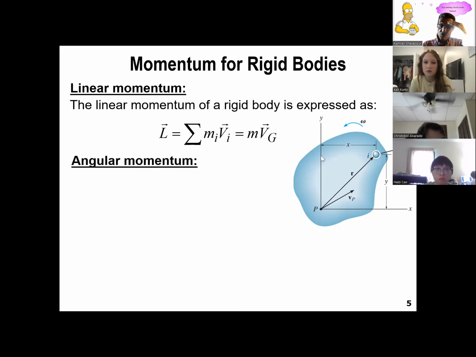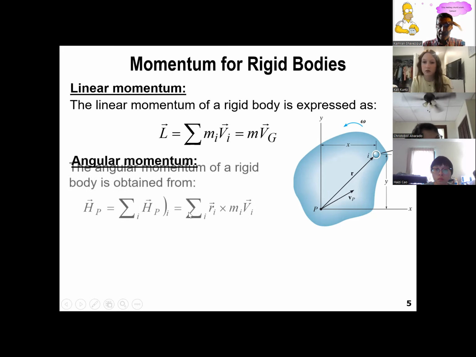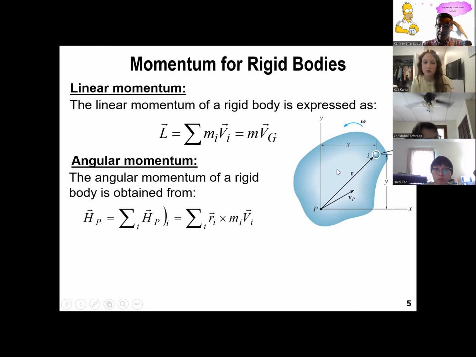For angular momentum, you're going to have to add the angular momentum of each of these, for example mi vi, crossed with this r, and add it together. So all the angular momentum about point P, remember angular momentum has to be about a point because it defines rotation. Angular momentum about point P is going to be the summation of the angular momentum of each tiny particle, right? For i, like ri cross mi vi.